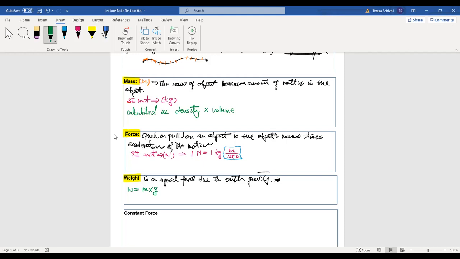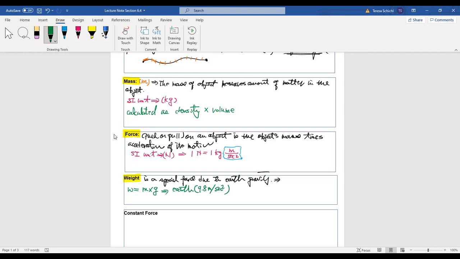If you want to find the weight on the moon, then the gravitation will be different. Here for the Earth, the gravity is 9.8 meters per second squared.